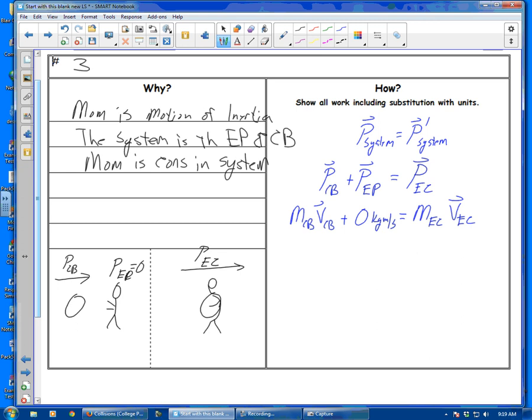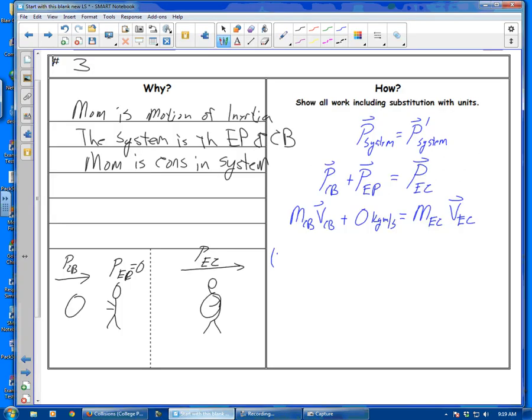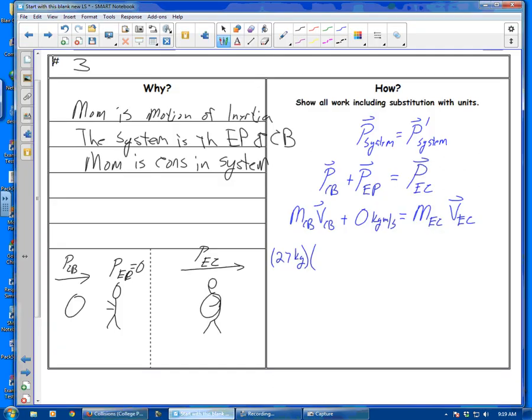And, well, I think I know most of those values. Let's see. Inertia of the cannonball: 27 kilograms. Velocity of the cannonball: for me, it's 10 meters per second.